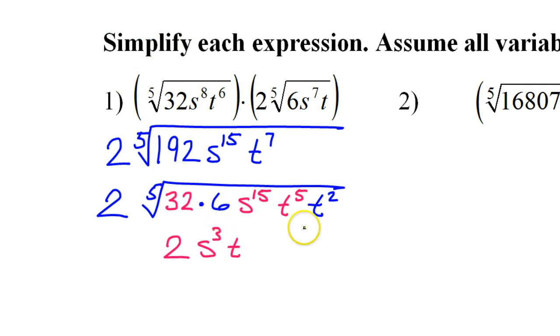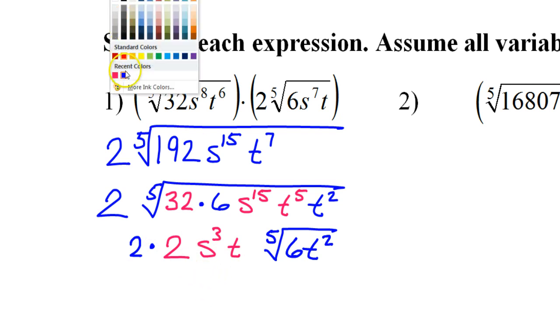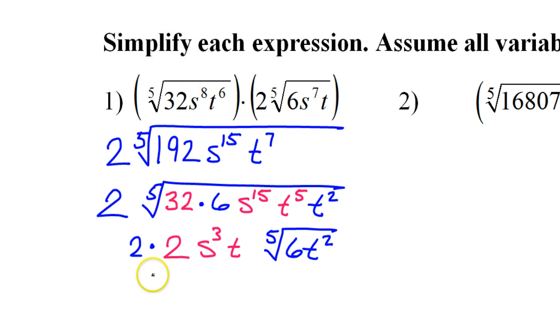Now the things in blue are going to be stuck under the radical. So I've got my fifth root of 6t squared. Now don't forget about this 2 that's been there the entire time. It's still there. So we needed to go ahead and do one extra step. 2 times 2, of course, is 4.